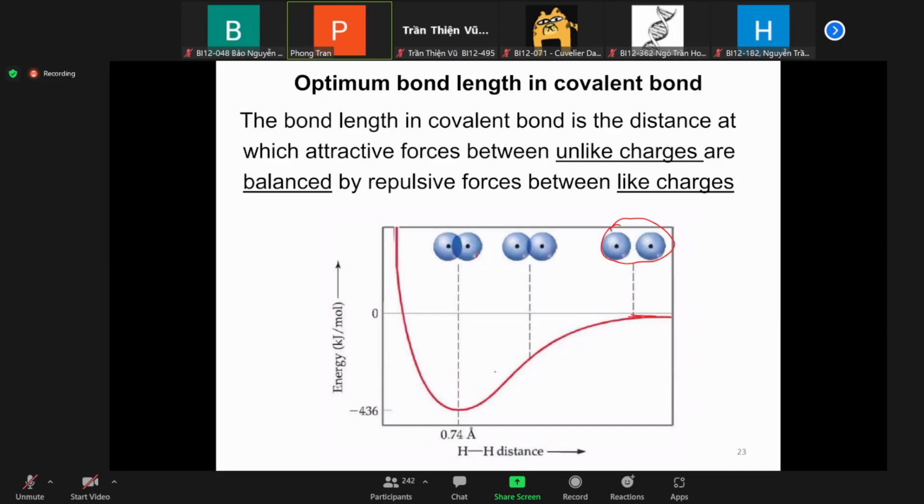If you lose the freedom but do not gain something, you are not likely to accept this bonding, right? When they lose the freedom, they should gain in terms of energy. How do they gain energy? That means the total energy in the chemical bonding should be lower than the total energy when they are individual and free, before bonding.